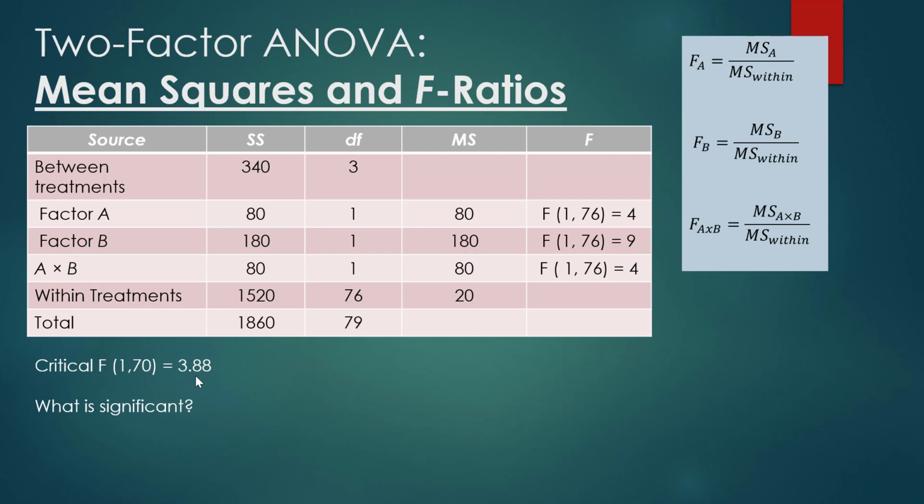So what is significant? If we compare our calculated F value to our critical value, this is bigger, it's out there in that critical region, so the main effect of A is significant, which means we reject the null.